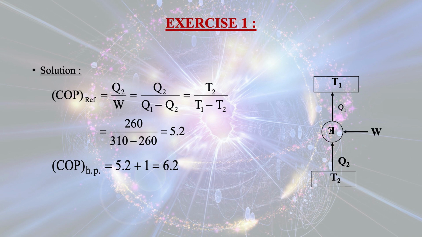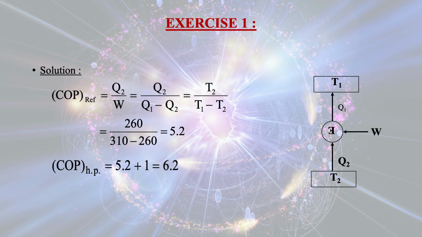But while solving these problems, you must convert these temperatures into Kelvin scale. So T1 will be equal to 310 Kelvin and T2 will be equal to 260 Kelvin. Just add 273 to the respective temperatures.